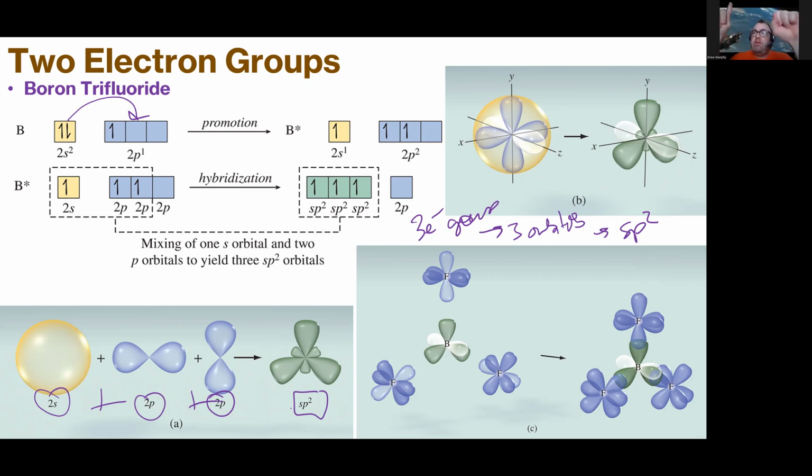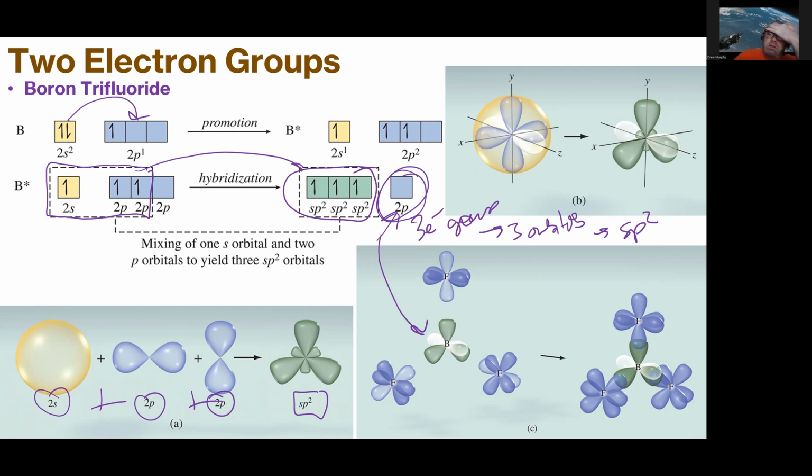Okay. The other thing we can think of here is that when we're making hybrid orbitals, the number of orbitals that we put into the mix is the same as the number of hybrid orbitals we get out. So you'll notice in boron, we've mixed together 3 atomic orbitals. We get 3 hybrid orbitals back out, and we're left with this empty, unhybridized p orbital left over. This orbital is important, and we'll get to that later. Okay, so there's that unhybridized p orbital.